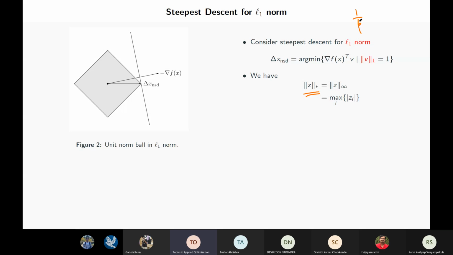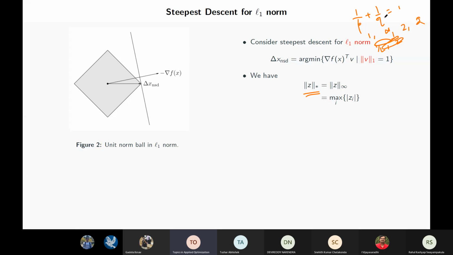So one way to check is 1/p plus 1/q equals 1, right? So if p is 1, then for the dual, what is left for you is infinity. Similarly, if p is 2, then the option that is left for q is 2 also.